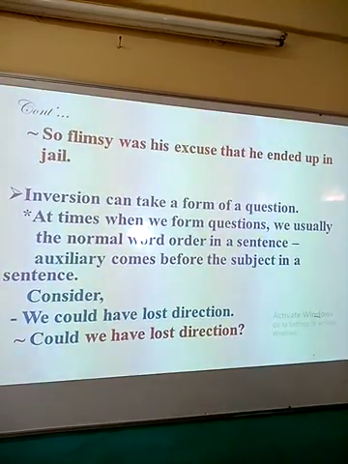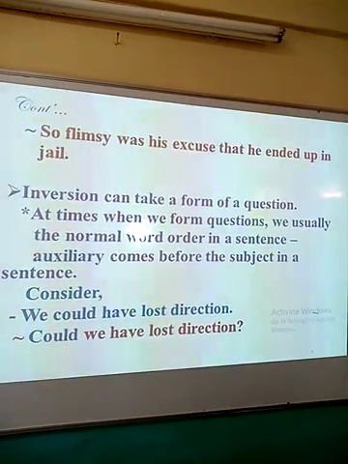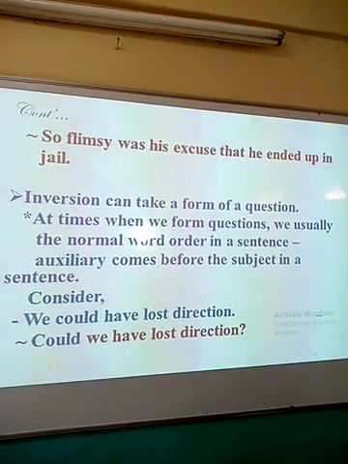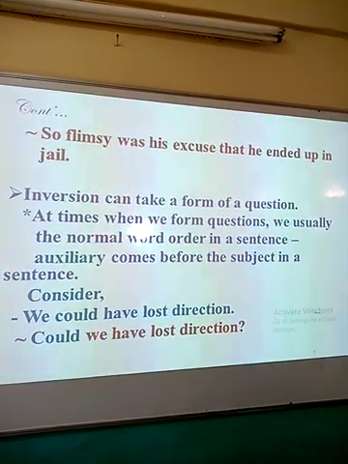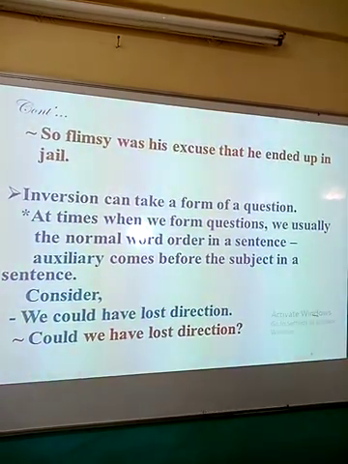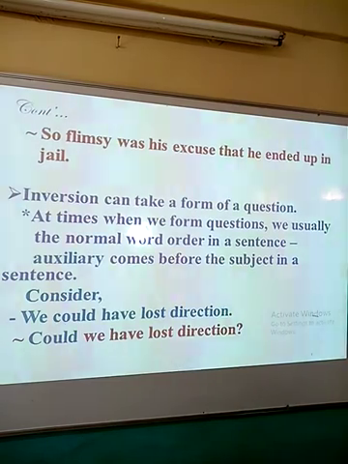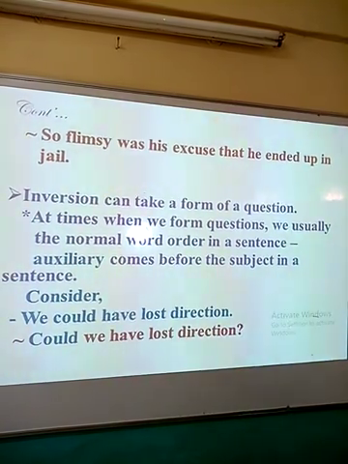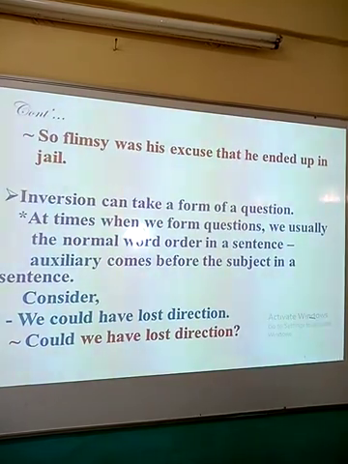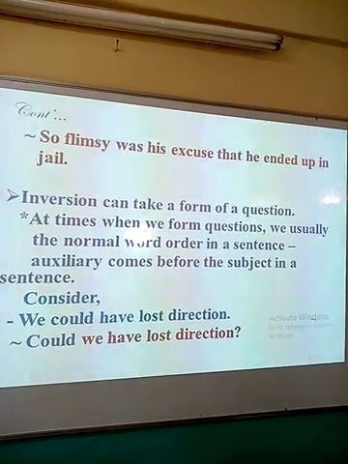Inversion can take a form of a question. At times, when we form questions, we usually have the normal word order in a sentence, which we start by an auxiliary that comes before the subject in a sentence. Consider, we could have lost the direction. If you are writing that as a question, it can also serve as an inversion. Could we have lost the direction?